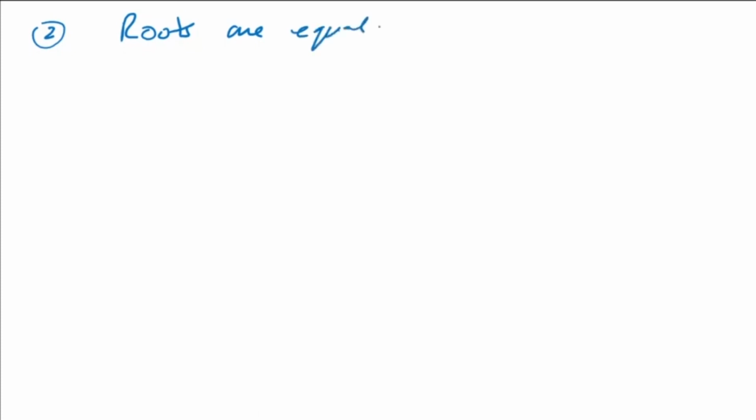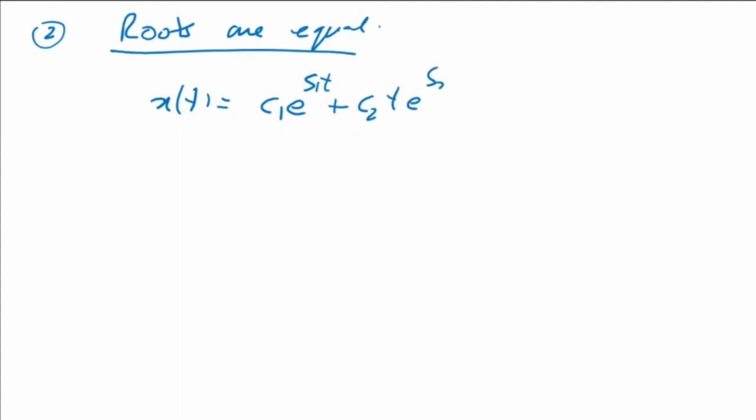Okay. Now if the roots are equal, then what happens is we get our solution of the form x(t). So roots are equal, it is of the form x(t) is equal to c1 e raised to s1t plus c2 t e raised to s2t.